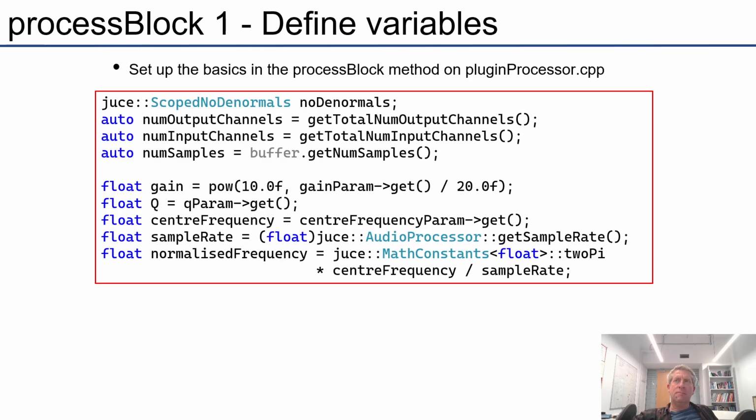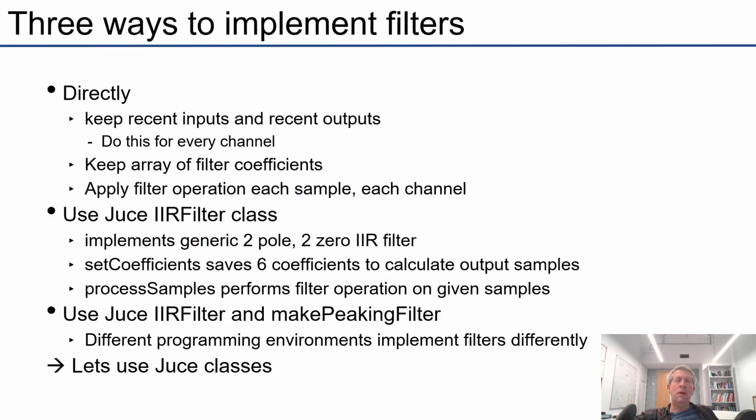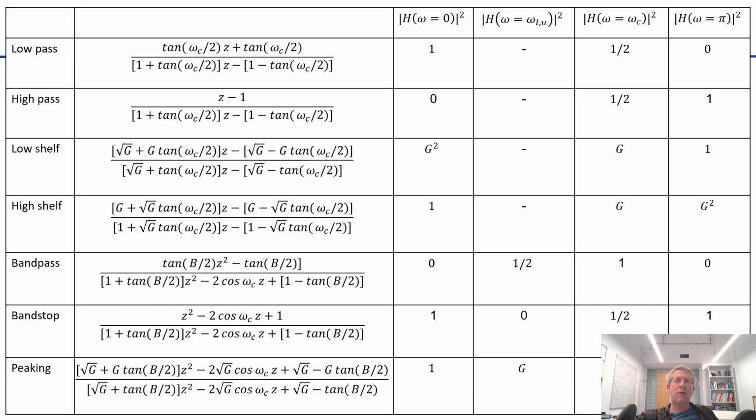Then in the process block, we define the variables. So we get the gain, the Q, the center frequency. From center frequency and knowledge of the sample rate, we can get a normalized value for the frequency. And we can basically calculate the filter coefficients from the formulas given here.